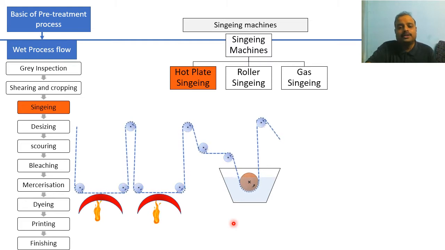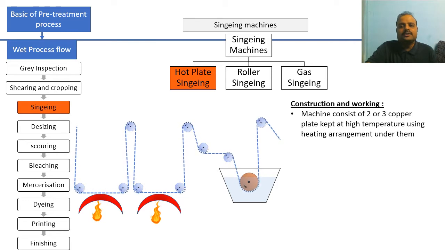Because copper distributes heat more evenly, and that's why this is a half-inch thick plate of copper which is heated by a heating source below the plate. These are the curved plates, right? And this is the direction of fabric movement, from left to right. So let's start and understand the construction and working of the hot plate singeing machine.